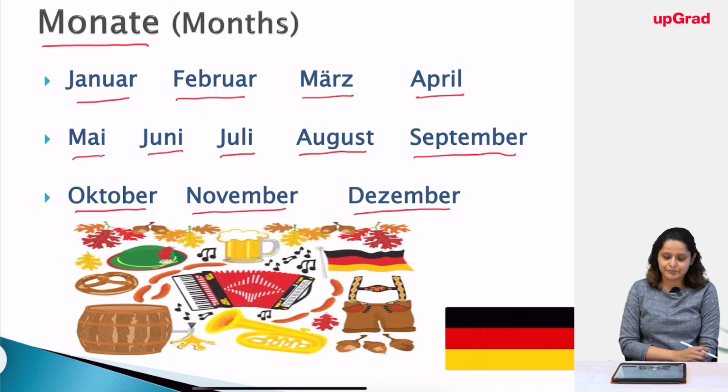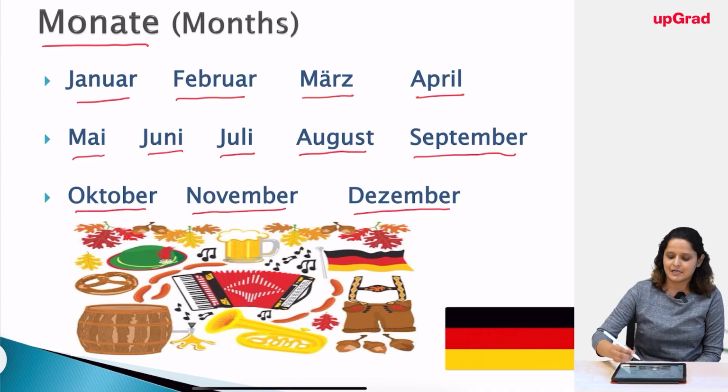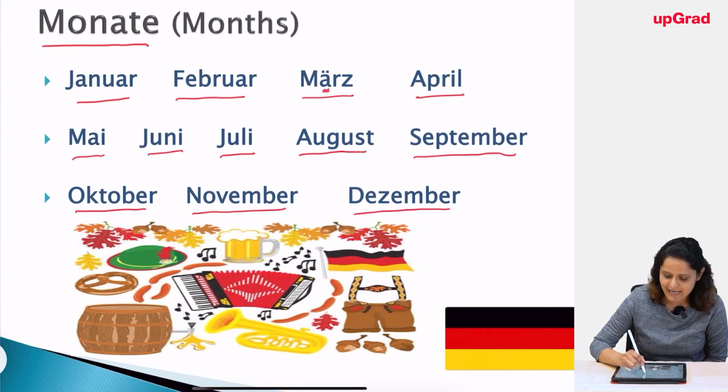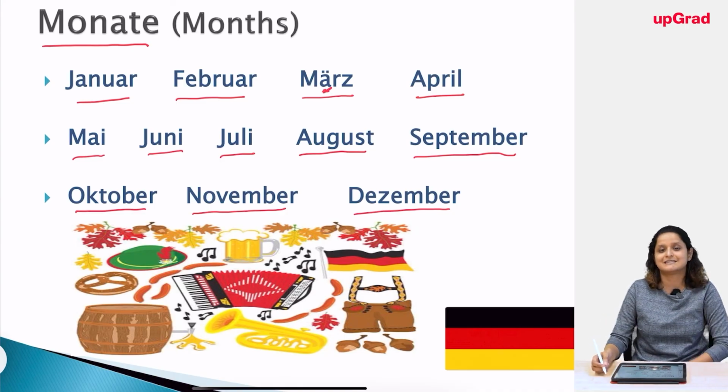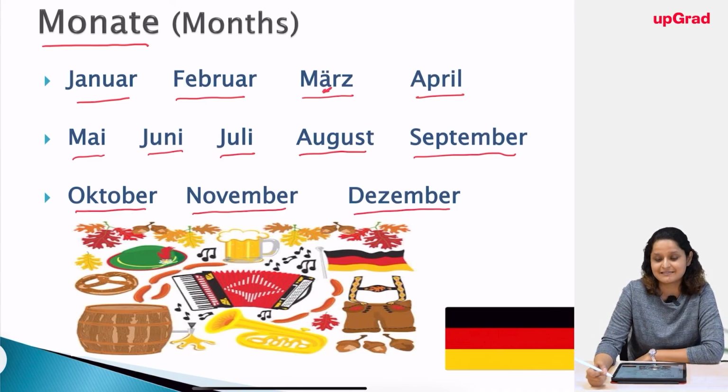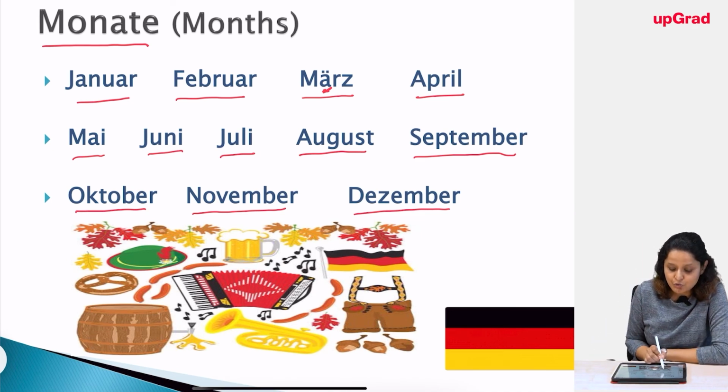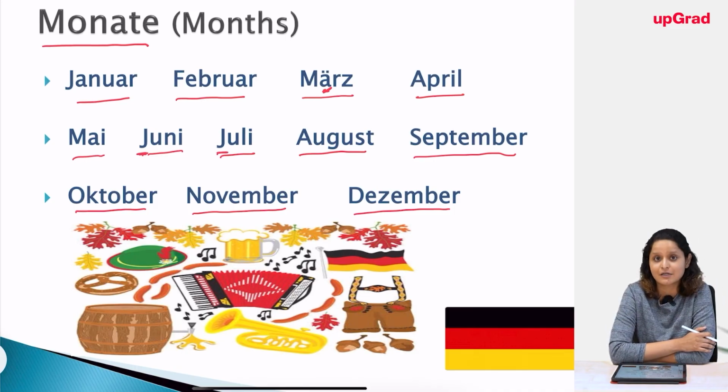I'll repeat it. Januar, Februar, März. Now, if you take a look at März, we have the umlaut here. So, the sound of A, which makes it März. April, Mai, Juni. Since J in German is pronounced like Y, the sound of both these months will have that.